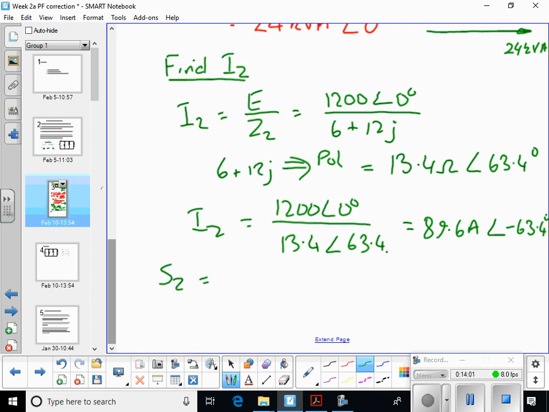S2 is equal to E times I2, which is 1200 angle 0 times 89.6 amps angle minus 63.4.